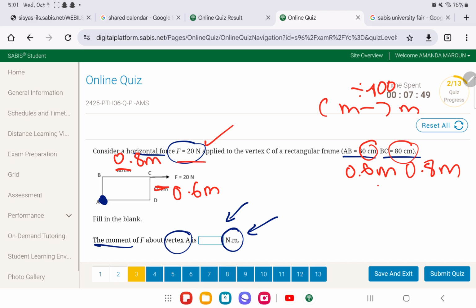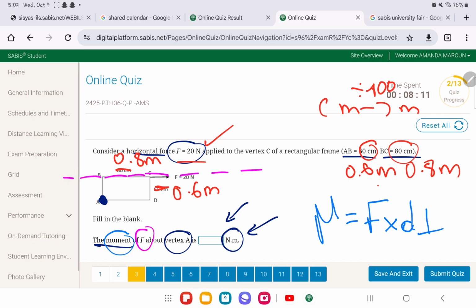Now, they're asking us for the moment. If you remember, in question 1, we got the equation that moment is equal to force times our perpendicular distance. Not any distance, only our perpendicular distance. So they need the moment of F. This is F. First we prolongate it.